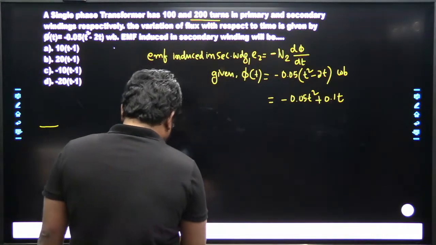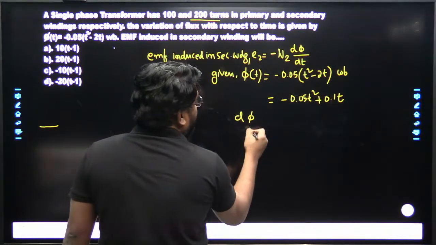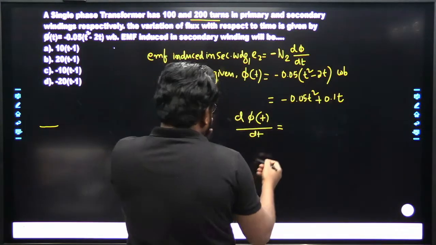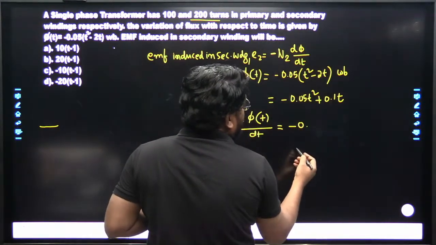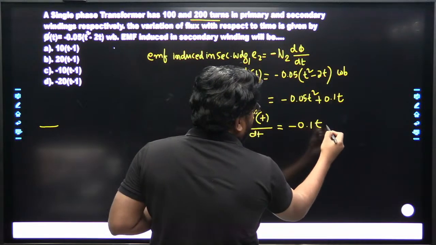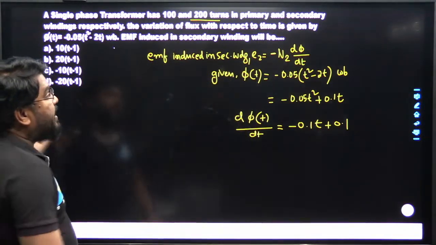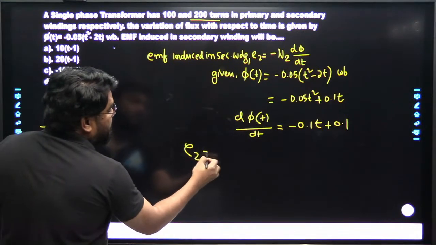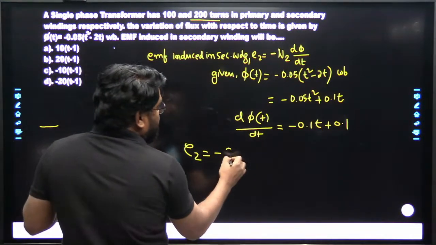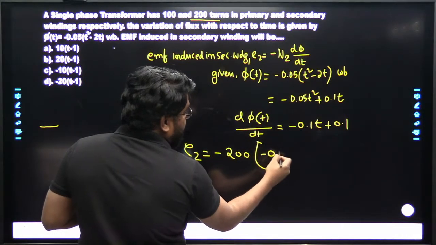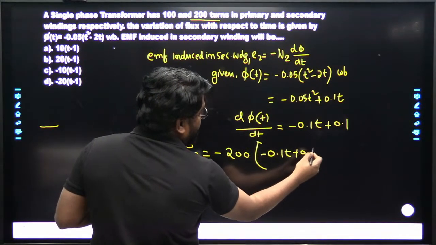The differentiation of the flux with respect to time is equal to minus 0.1 t plus 0.1. We require the EMF: E2 equals minus 200 into d phi by dt, that is minus 0.1 t plus 0.1.